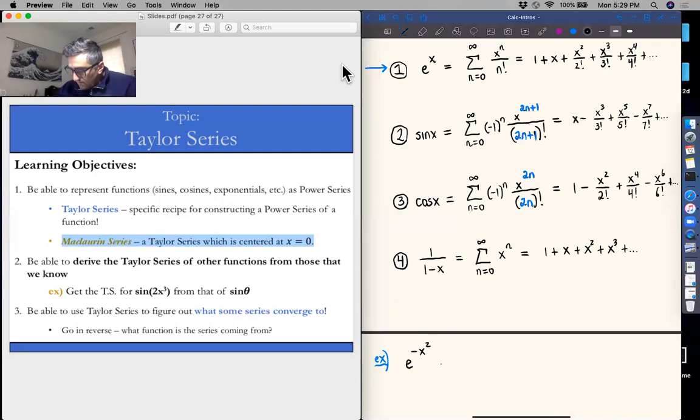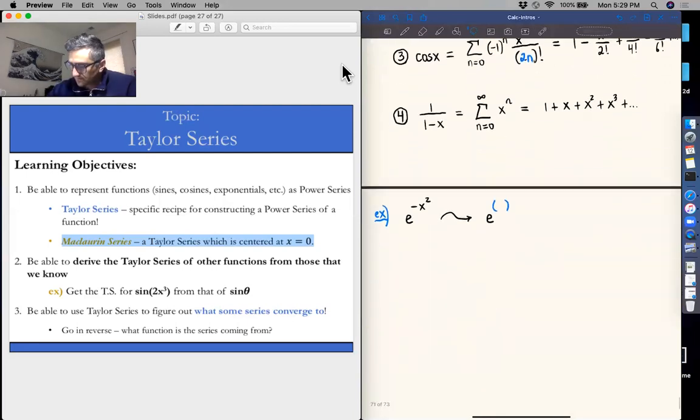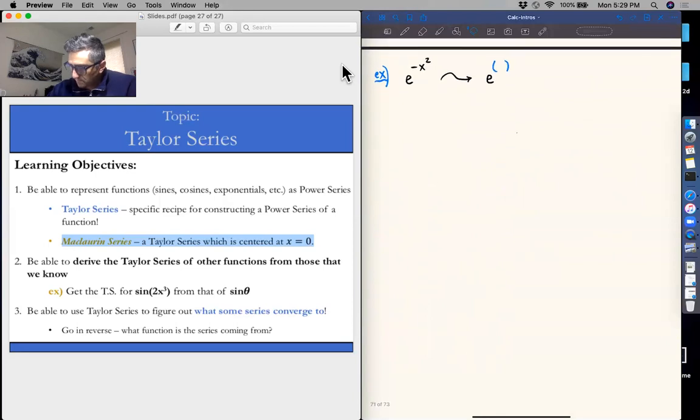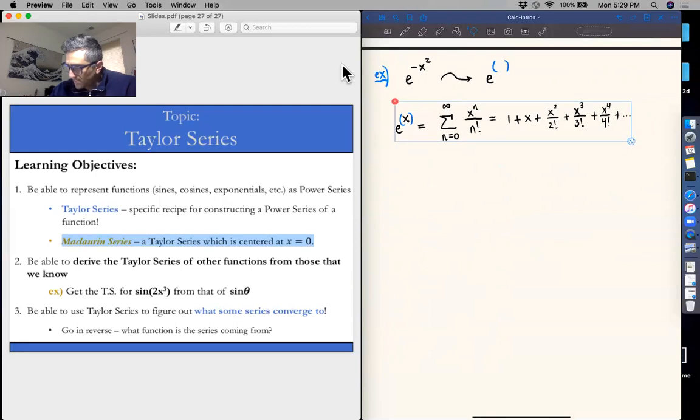So basically what we can view this as is, again, e raised to something. And if we compare that with our original Taylor series for e, anywhere we have that x, we're just going to replace it with whatever is inside of those parentheses. So let me just grab our Taylor series for the exponential and bring it down here with us. So we have the Taylor series for this exponential.